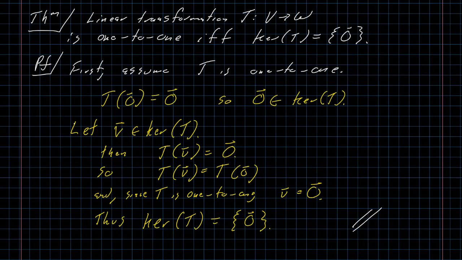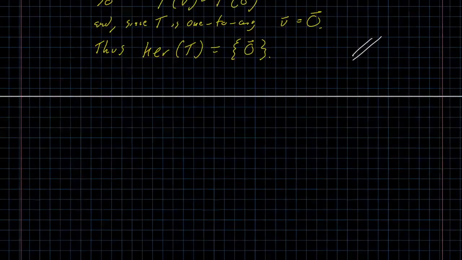Now I have to show the other direction. Let's assume instead that the kernel of t is the zero vector, and this time prove that t has to be one-to-one.